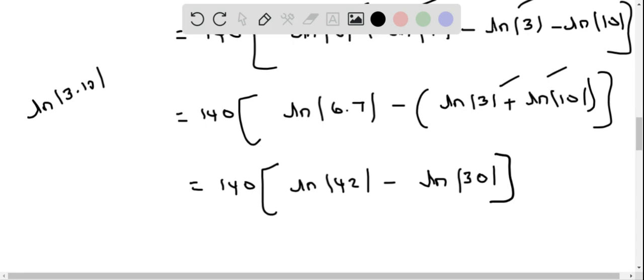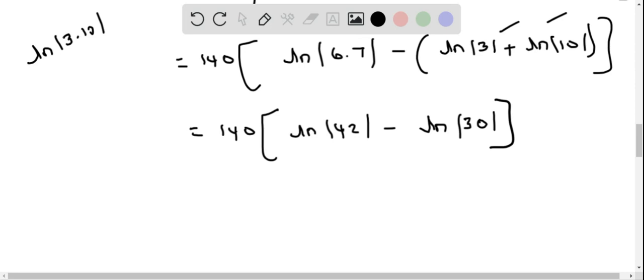Now, using the difference property of natural logarithms, you can combine these two logarithms, that is, 140 times natural logarithm 42 minus natural logarithm of 30. We write this as a natural logarithm of 42 over 30.